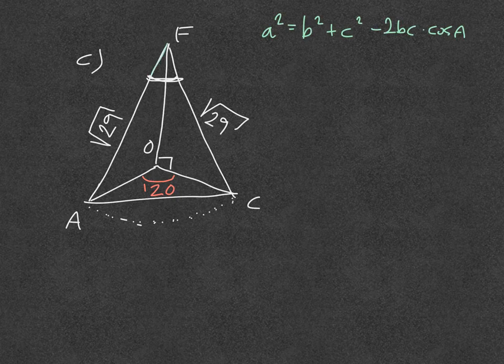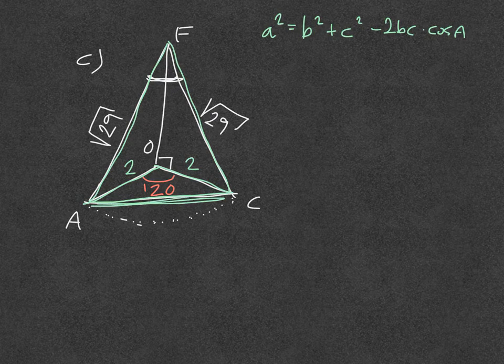Now, this is a solution for this triangle. Hang on, no, you want to solve for this triangle first. And you know the sides here, that's the radius. And then you can find this side here.